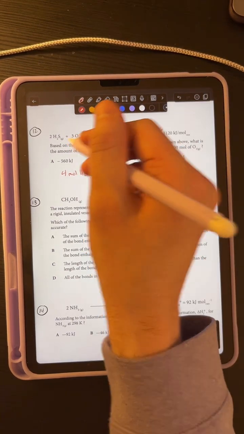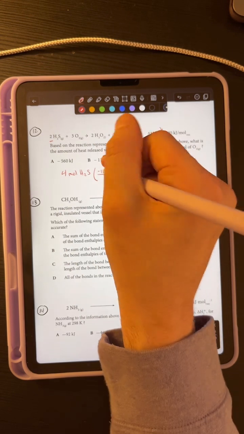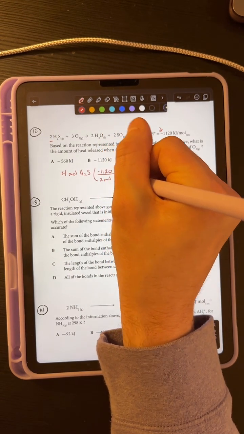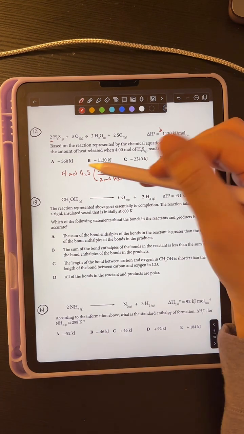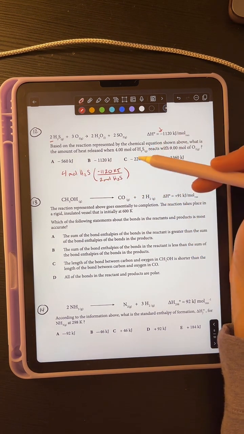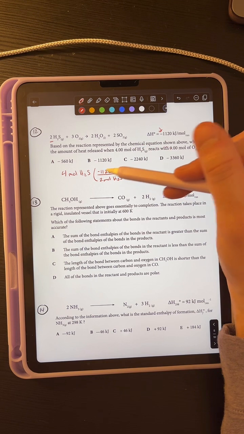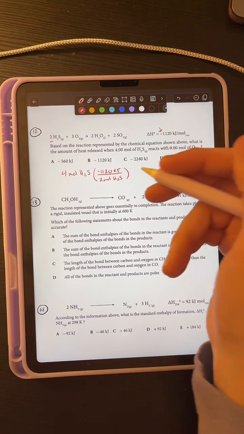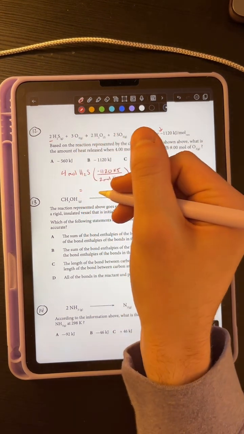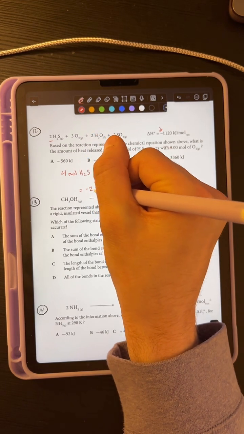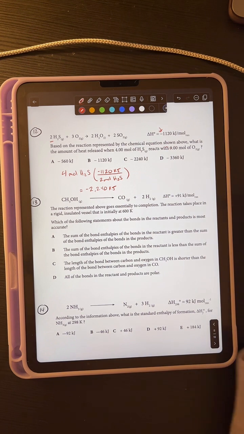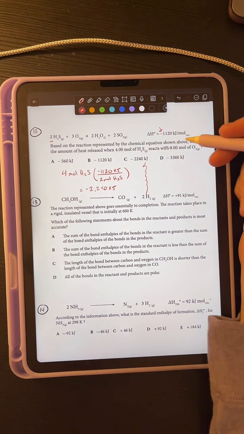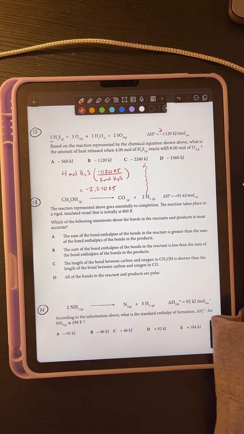Now, if we use our molar stoichiometry, we see that that's for every 2 moles of our H2S. And this gets us to go from moles of H2S, which is what we started with, into some value of heat. And when we do that, we end up getting a value that is negative 2,240 kilojoules. And we're going to do the same exact thing, but with oxygen.